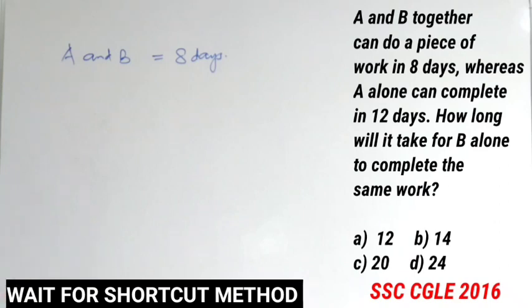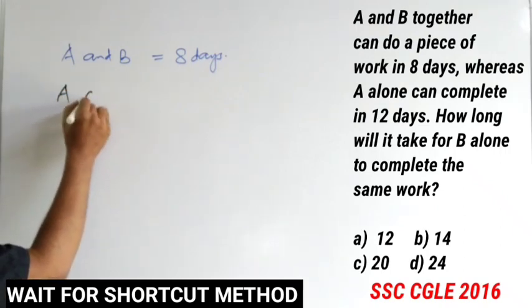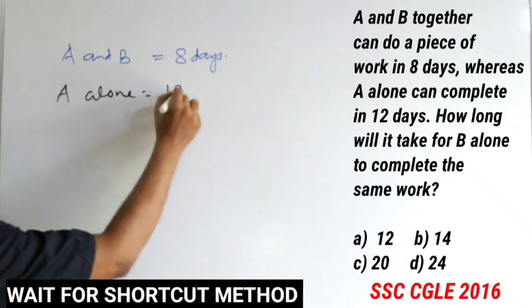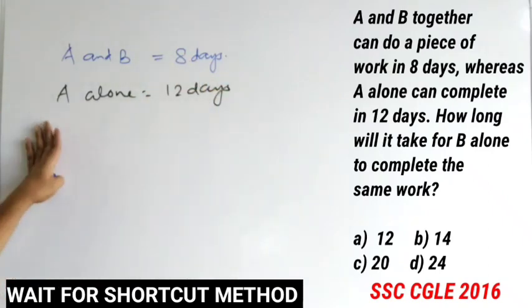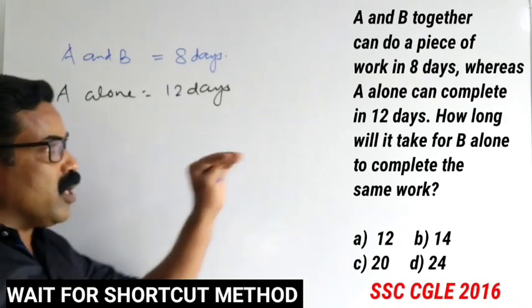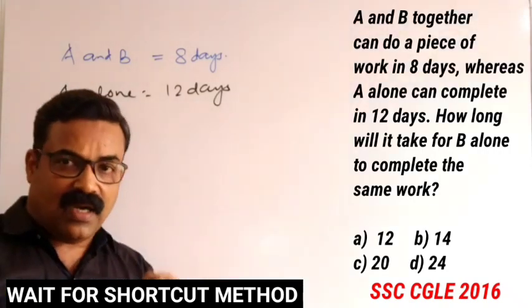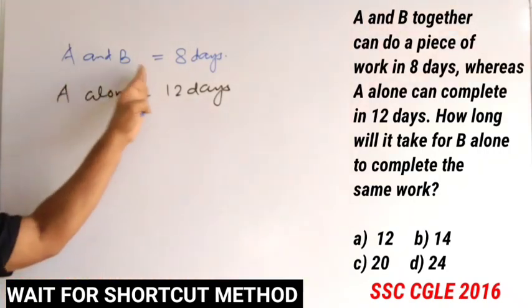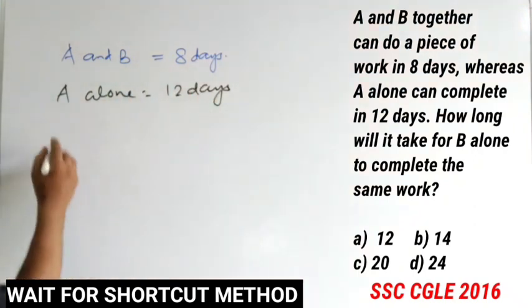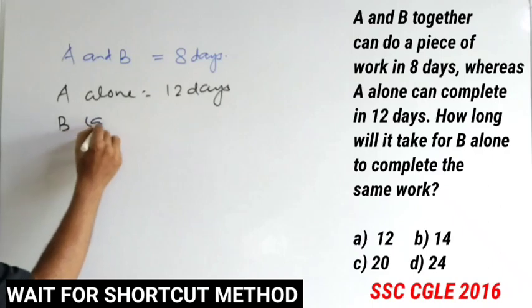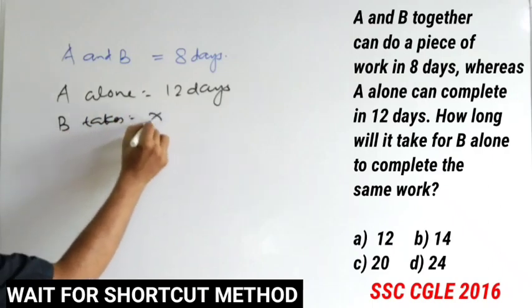Then A alone can complete the work in 12 days. What is the time taken by B to complete the same work? That is the question asked. So A and B together in 8 days, A alone in 12 days. Let us take B takes X days.